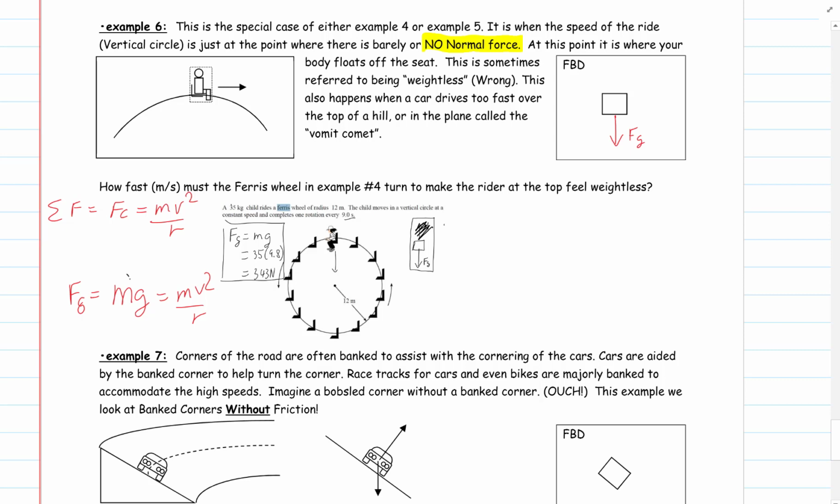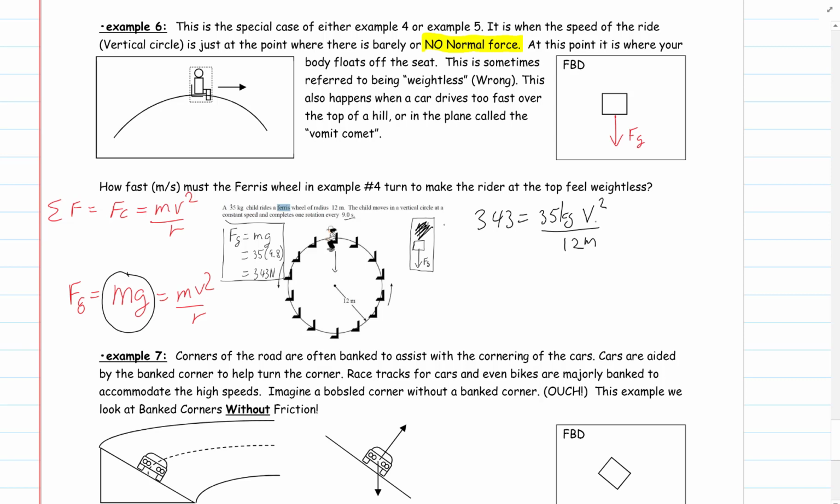So we want his weight, 343, to equal mv squared over r. So 343 has to equal his mass, which was 35 kilograms, times v squared over the radius, which is 12 meters.